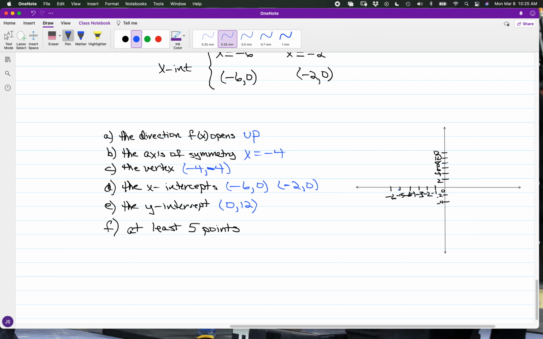Again, the vertex, we have it -4, -4. And with the intercepts, we have -6, 0 and -2, 0.